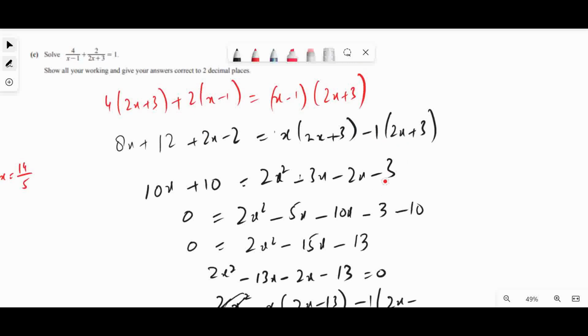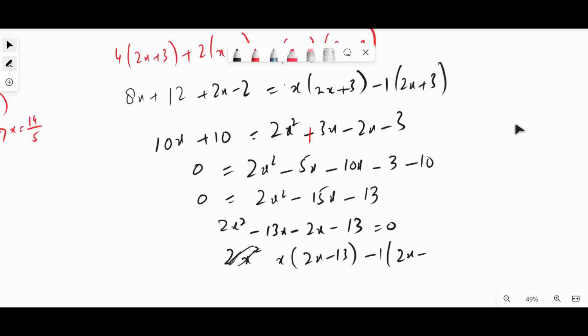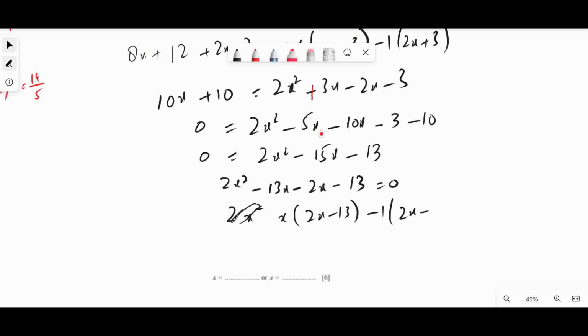So this will be minus 3 minus 2x. Okay, this one should be plus 3x. So if we rearrange it, this must be equals to simply positive x, and then finally this will be minus 9x.